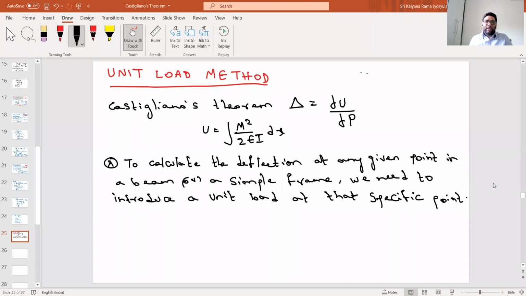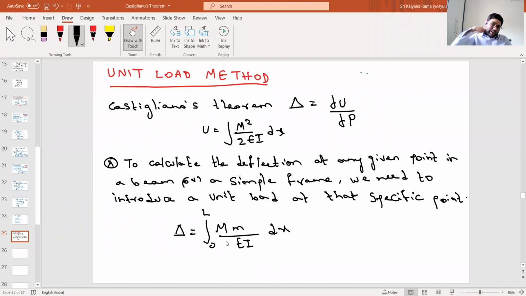Using the same concept of delta equals dou U by dou P, this is an extended version of Castigliano's theorem. Delta is given by a similar expression: integral 0 to L of capital M small m by EI into dx.